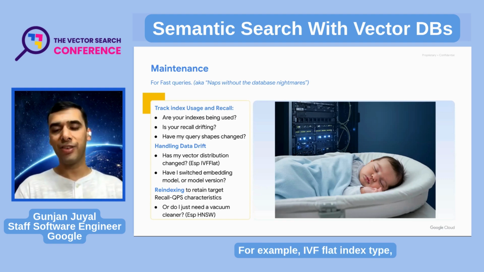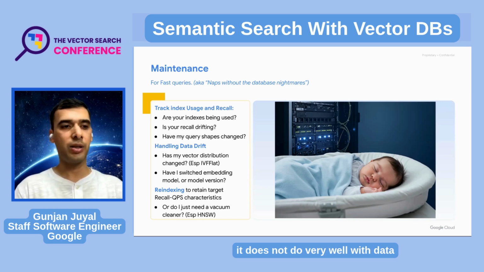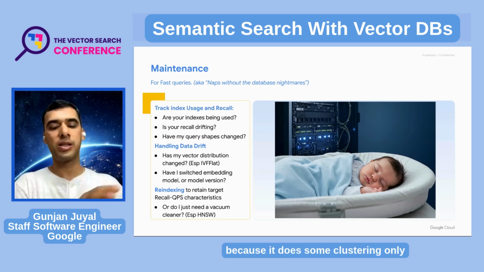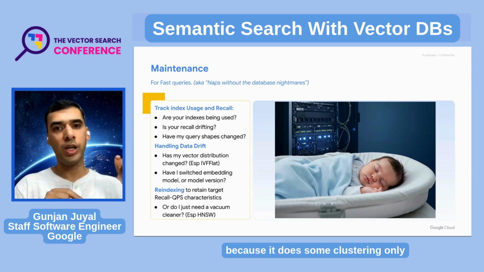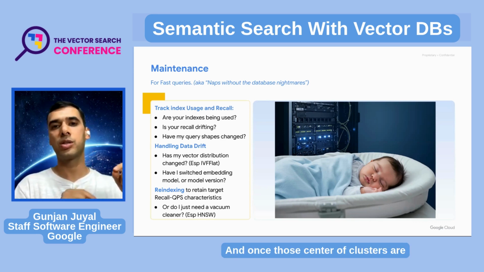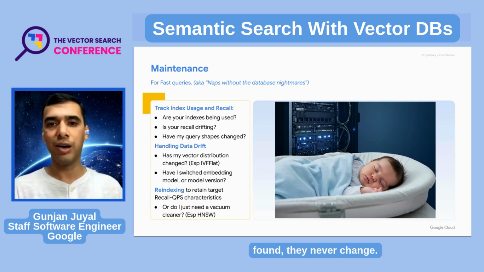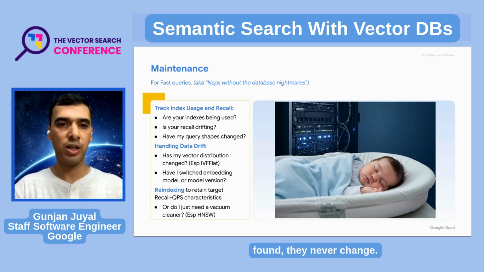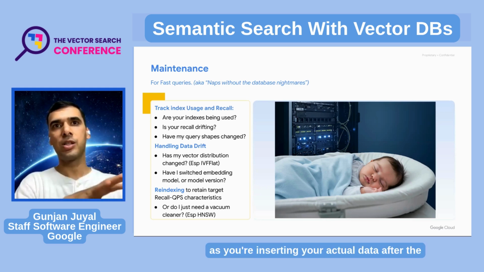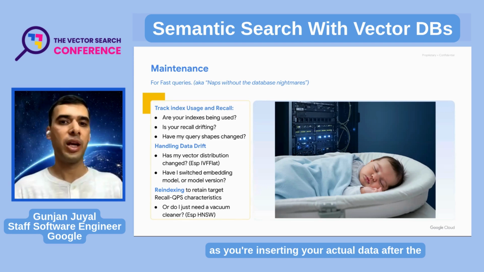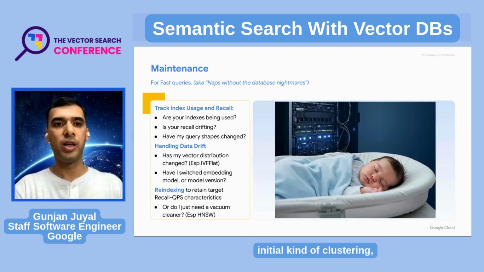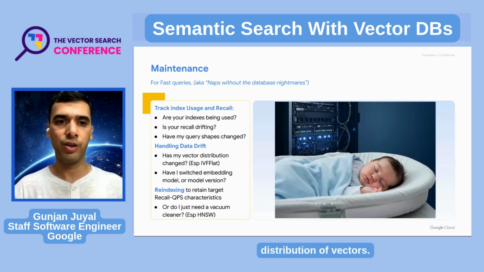For example, the IVF flat index type does not do very well with data drift because it does some clustering only once at the beginning, and once those centers of clusters are found, they never change. And over time, as you're inserting your actual data after the initial clustering, it may give you a very skewed distribution of vectors.